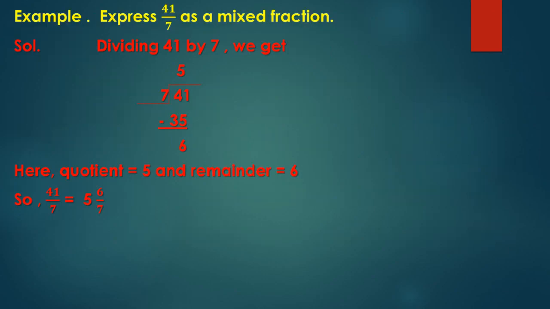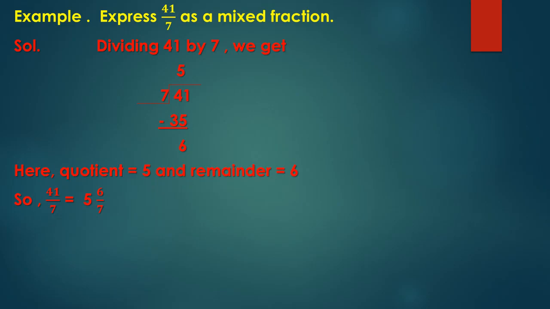Now you can see one example of this. Express 41 upon 7 as a mixed fraction. As I told you, you have to divide the numerator by the denominator. In this, you will divide 41 by 7. You will get 7 5s are 35. Now, when you subtract, you get 6.